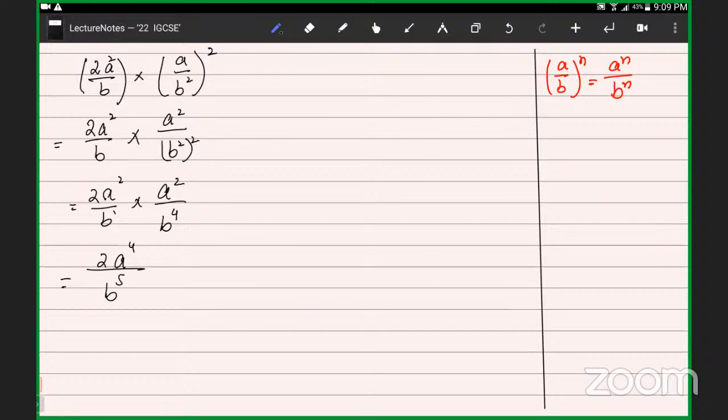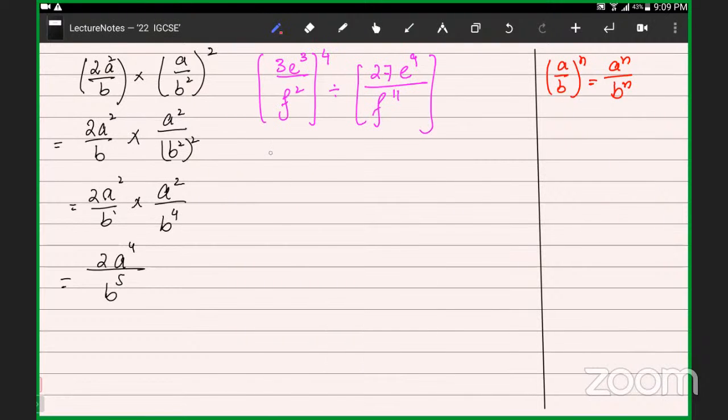Now for example try this question. Now it's 3e cube divided by f square, that raised to the power 4, divided by 27 e raised to the power 9 divided by f raised to the power 11. Okay, now first of all we are going to solve the first bracket, that is with power 4.